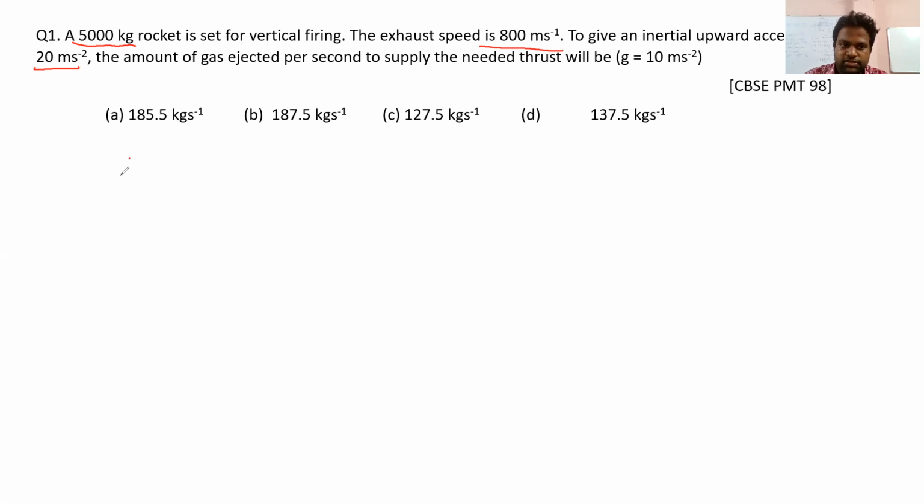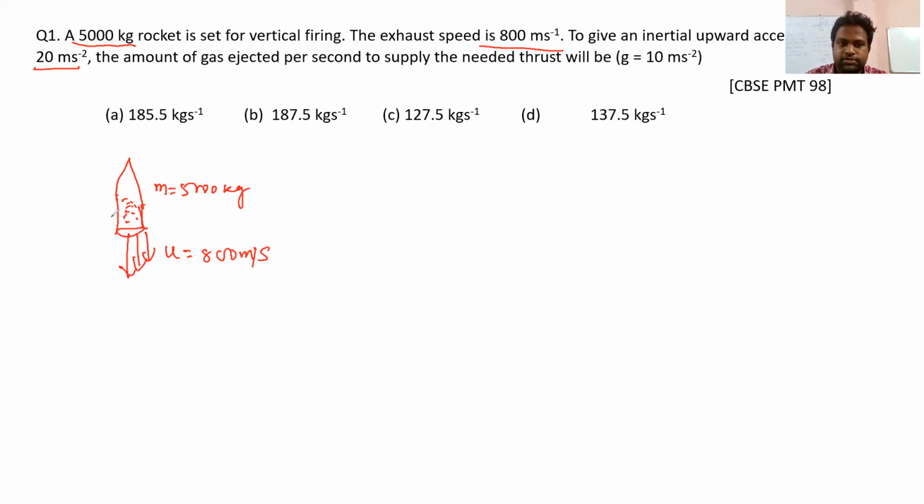So the question says that the rocket is there, and the mass of this rocket is 5,000 kg. It's set for vertical firing, and the exhaust speed, that means the fuel from inside the rocket which is exhausting, is at a speed of u equal to 800 meters per second.